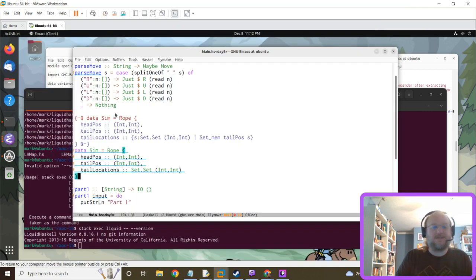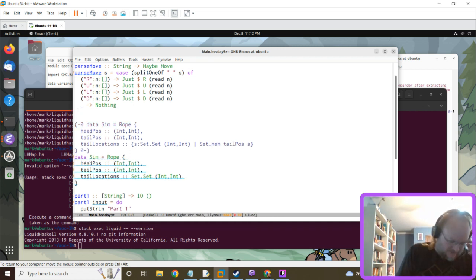So let's write, it's not a Manhattan distance one, I don't know what the metric is called here. Each coordinate separately has to be within one. So let's see if we can write that.